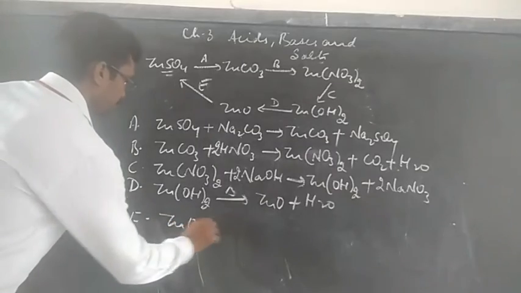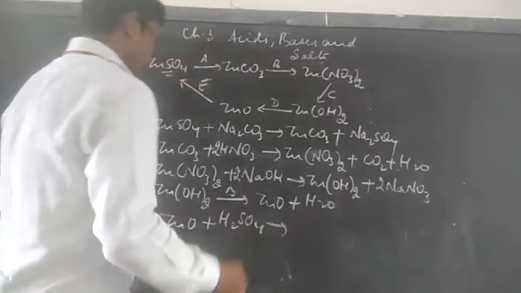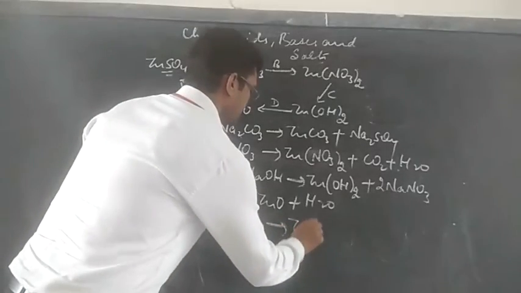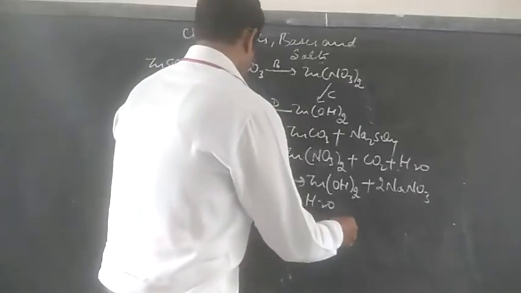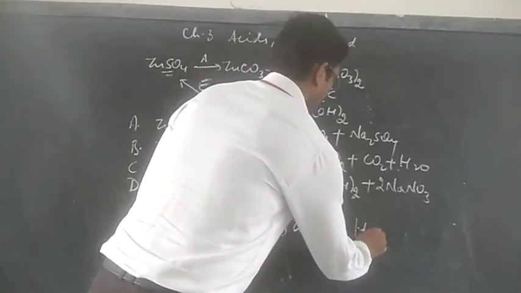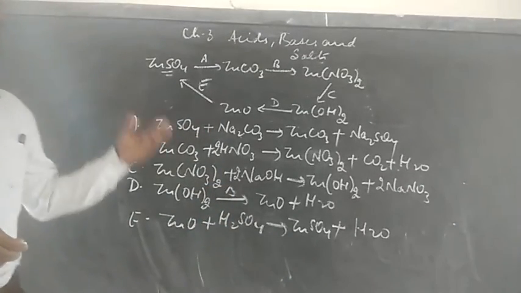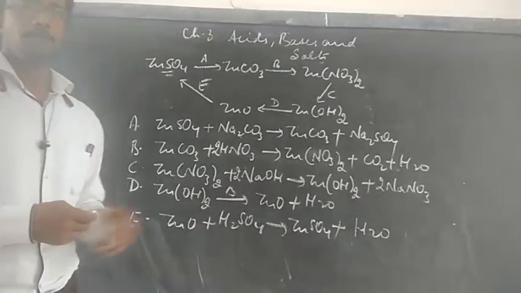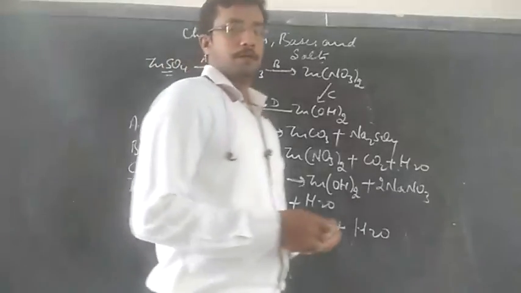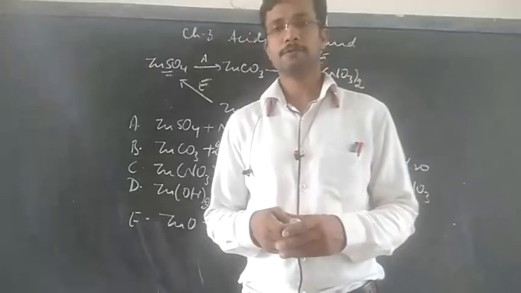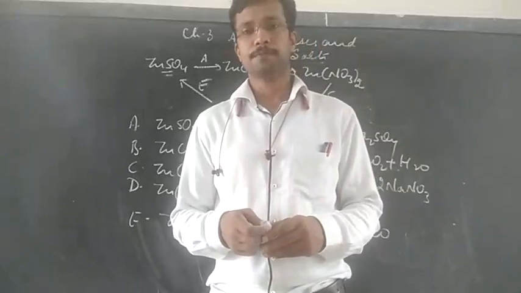When you add H2SO4 to zinc oxide, you will get zinc sulfate plus H2O, that is water. So this is how conversion based questions can be done by writing these equations. I hope the chapter is clear to you, and next day we are going to deal with a new chapter. Thank you.